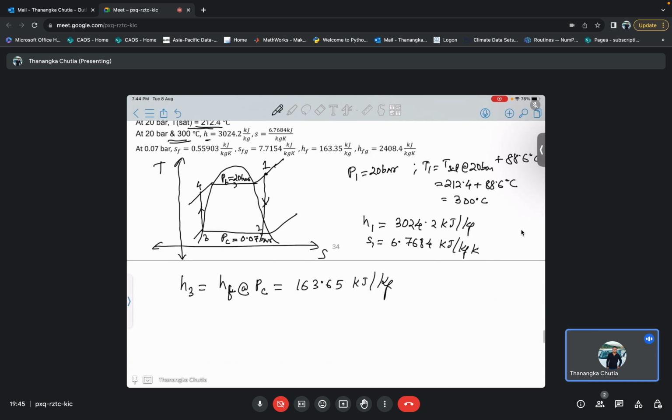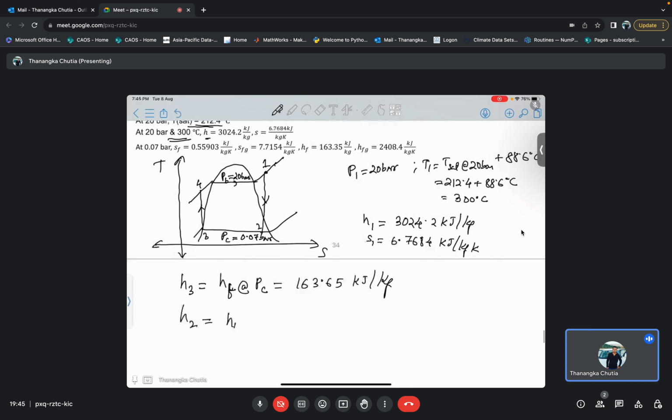Now how to calculate H2? H2 is nothing but Hf at Pc plus X2 times Hg at Pc minus Hf at Pc. Now how can I know X2?